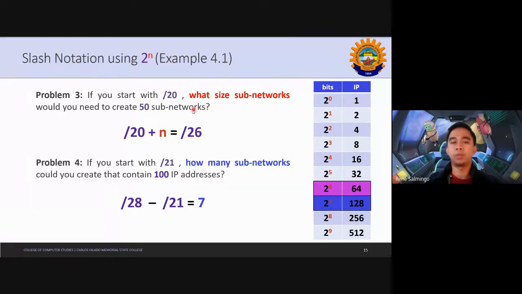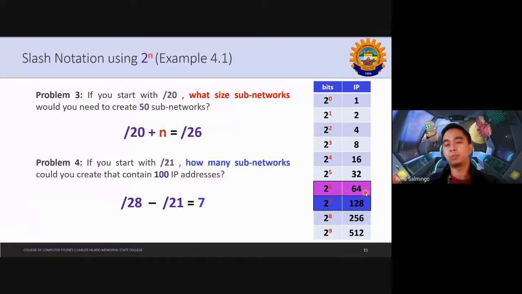So when you say 50, you automatically assume that the number of bits starts at zero. So 2 to the zero, 2 to the first. So you have 1, 2, 4, 8, 16, 32, 64.